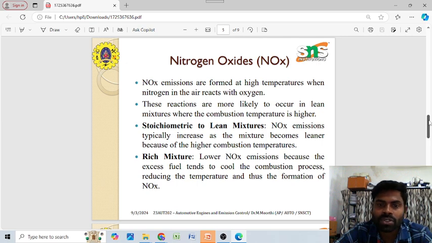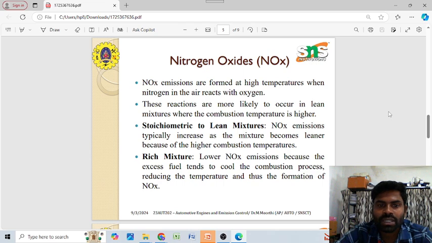Take a four-stroke engine: we have the intake or suction stroke, then compression, then the expansion or power stroke, and finally the exhaust stroke. During the power stroke, the combustion process is initiated with the help of the spark plug in the spark ignition engine, or SI engine, or petrol or gasoline engine.